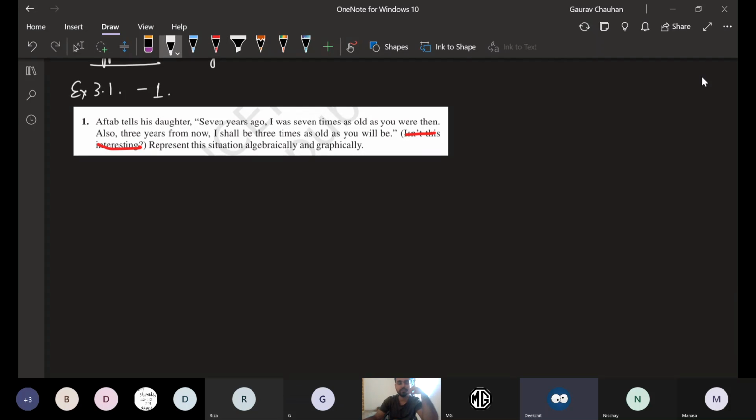Tell me what you want the variables to be. I'll write x is equal to the present age of Aftab, sir. Let x be equal to Aftab's present age. And let y be equal to the daughter's present age.